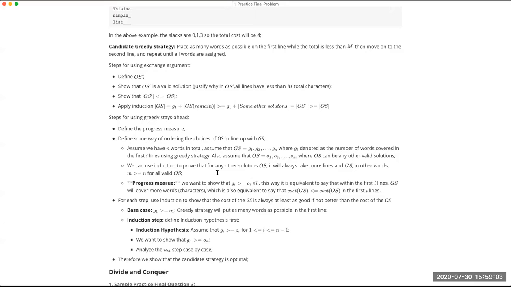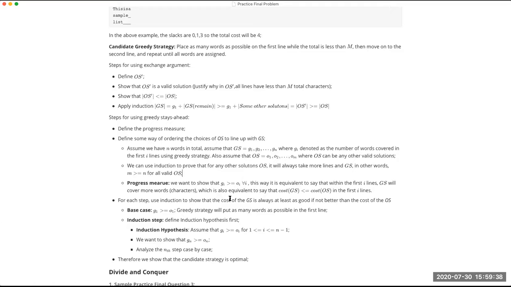And the progress measure is we want to show that GI is larger than or equal to O of I for all I. This is equivalent to saying that within the first I lines, GS will cover more words and more characters, which is also equivalent to saying, since in the first I lines the number of total characters that the first I lines can carry is I times m, right?